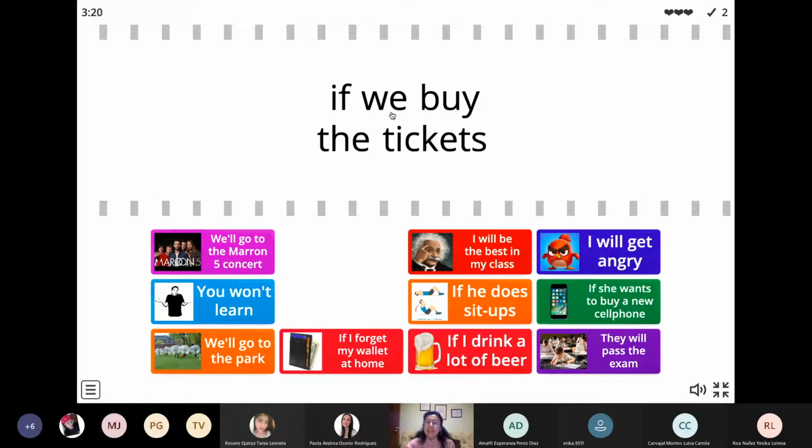Ahora ya es lo contrario, ya tenemos la condición, if. Present tense. If we buy tickets, what do you think is the second part? Remember, the second part is the result. Ya tenemos el if. What is the result? Amalfi Esperanza Pérez?